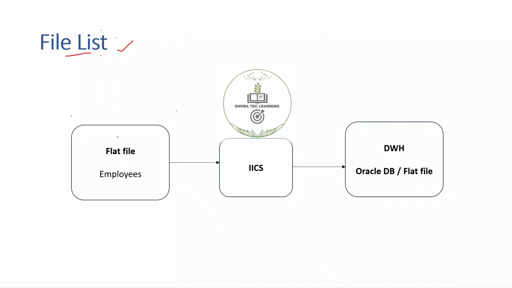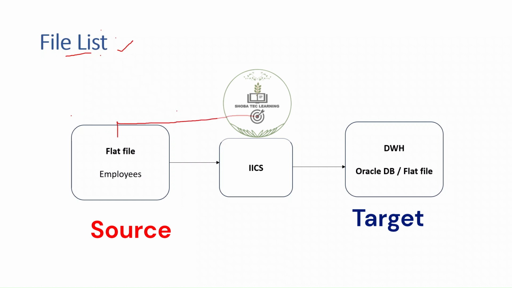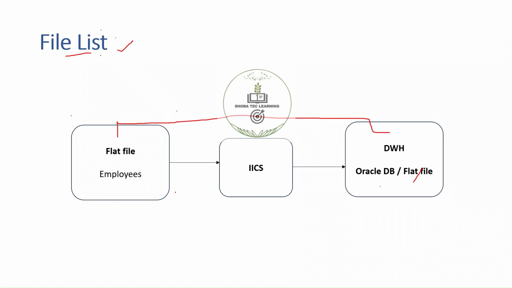Now see in this picture below. Until now we have loaded the data from one file. We have taken that one file and the data is moved into the target, that is our data warehouse, whether it is Oracle DB or a flat file.